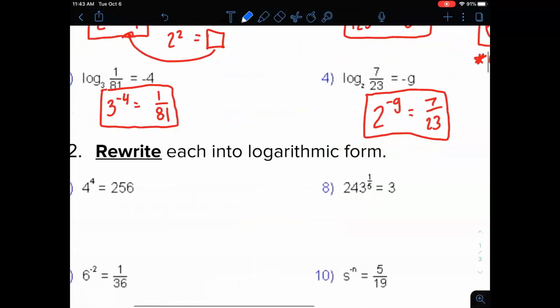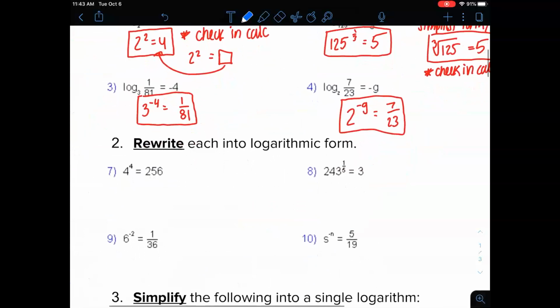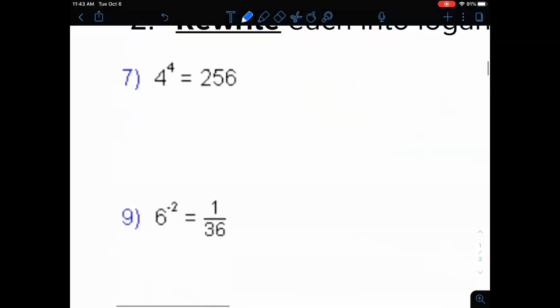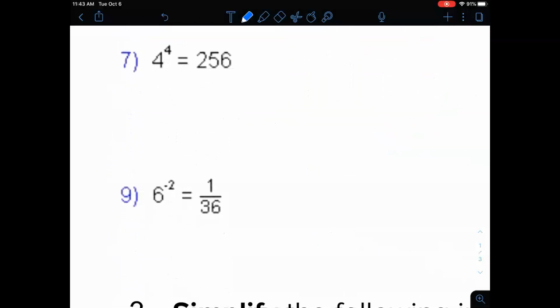All right. Now, if we look at number 2 here, rewrite each into logarithmic form. Again, I'm just asking for a single expression or equation that is in this form of log to the base, give me my argument, is equal to my answer. So zooming in here, I have my base value of 4, and 4 to the power of 4 is equal to 256.